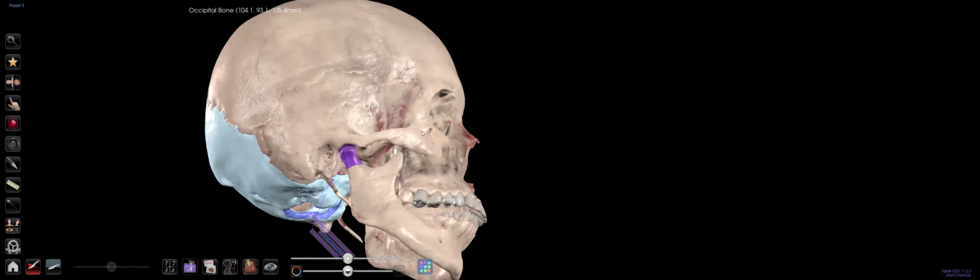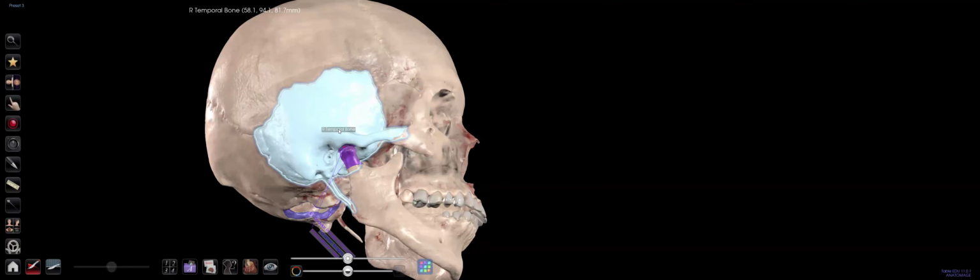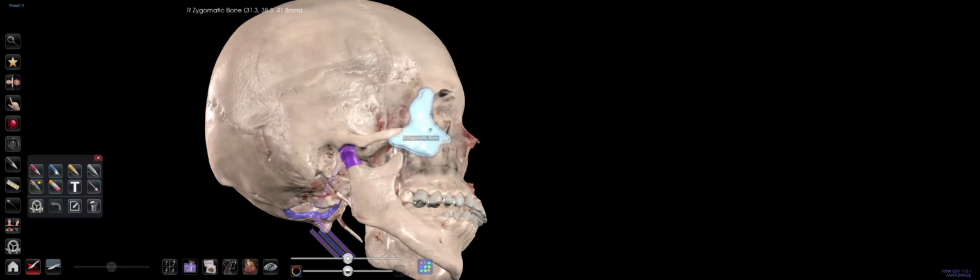So here's the zygomatic bone right here, and here's the temporal. The zygomatic process is going to be of the temporal bone, and the temporal process is going to be of the zygomatic bone. It'll just be this little sliver. I can just draw here.